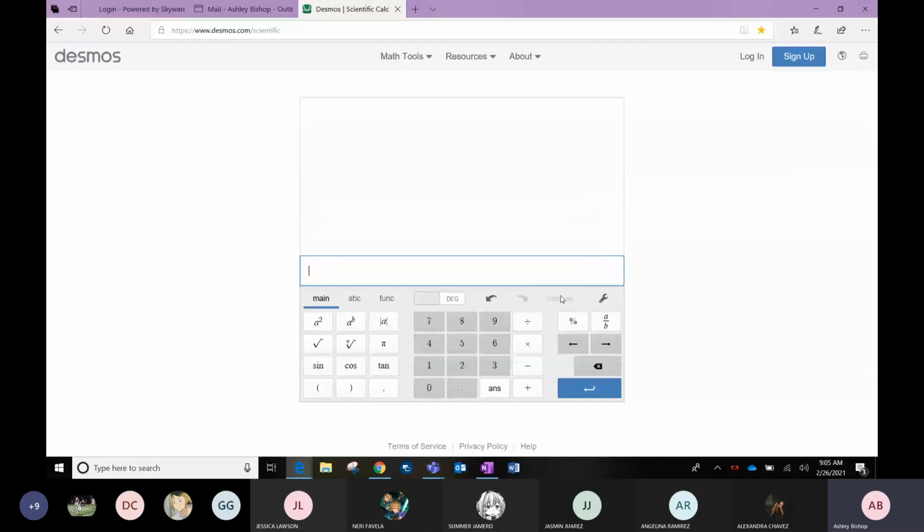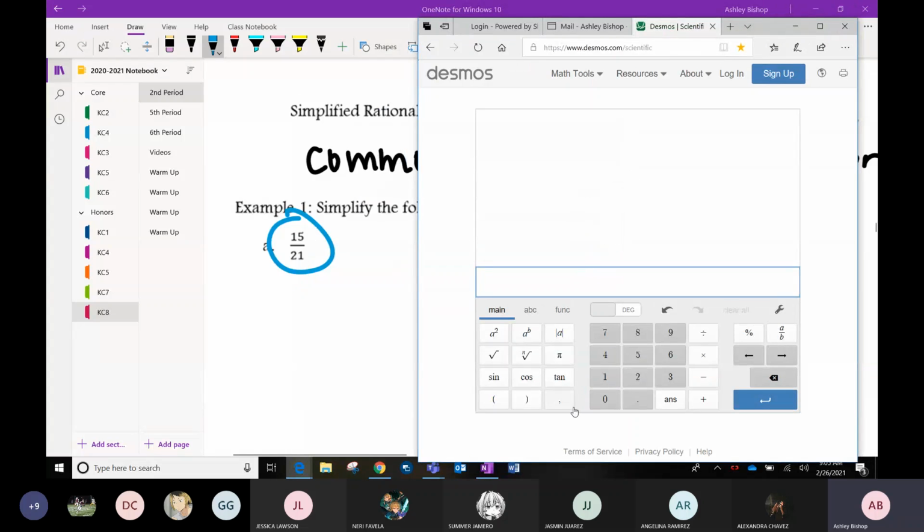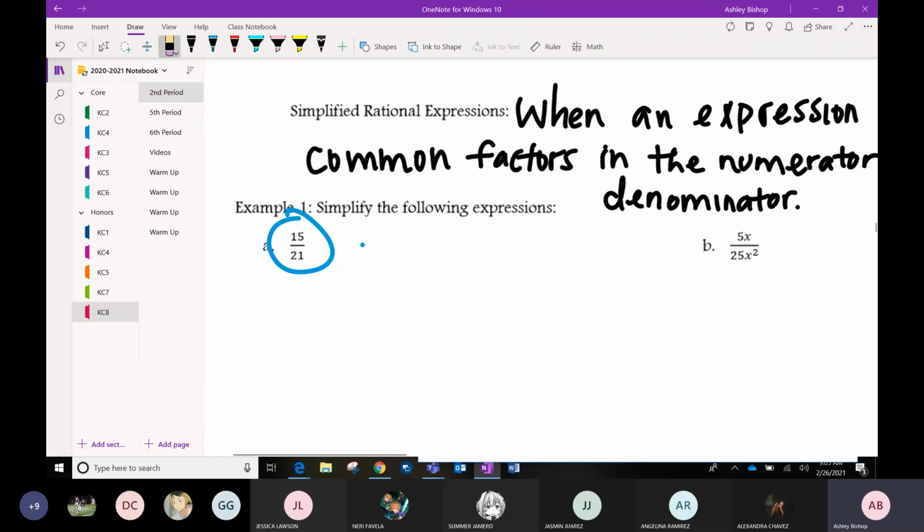I suggest you just do this part in your calculator, but you can take a 3 out of both of those. 15 over 21 in my Desmos calculator, I can hit the fraction symbol right here, hit convert to a fraction, and that will give me 5 over 7. So I can simplify this fraction by dividing by 3 on both of these. I can take out a common factor of 3. 15 divided by 3 is 5. 21 divided by 3 is 7, and that's 5 over 7.